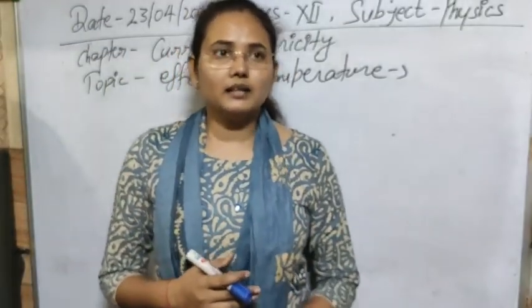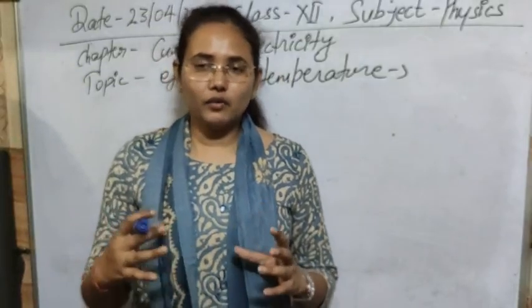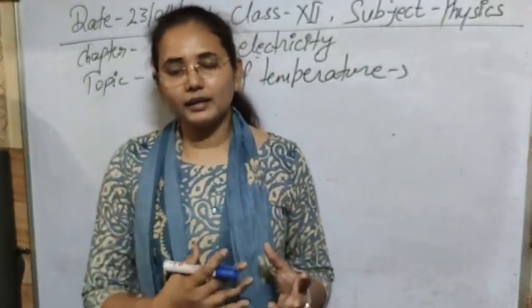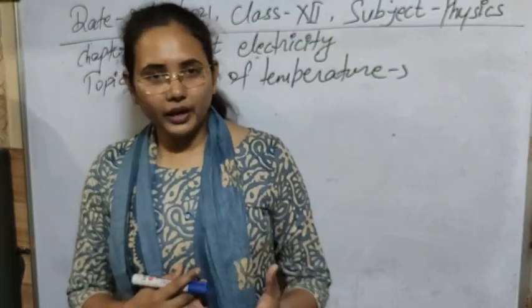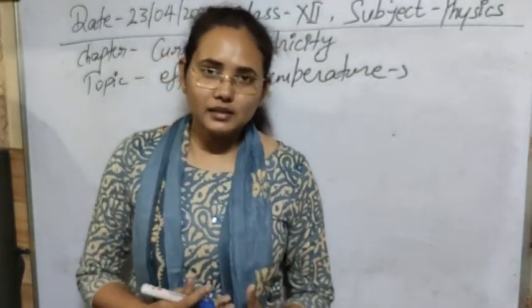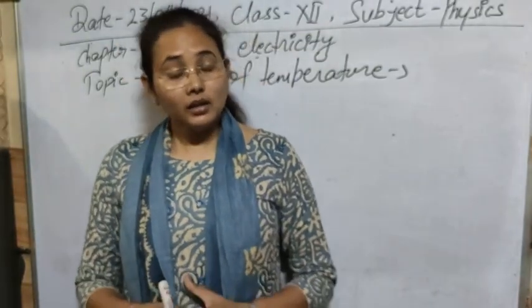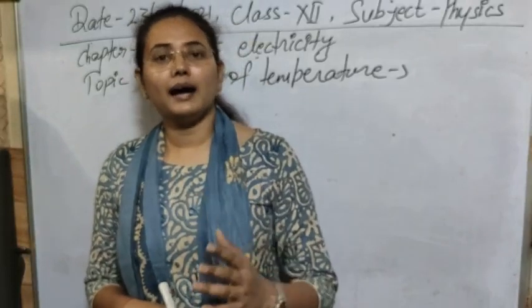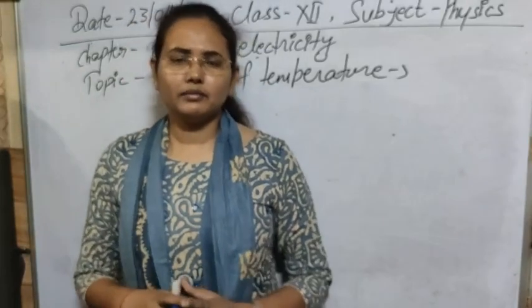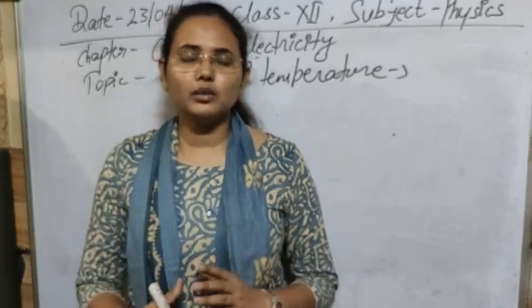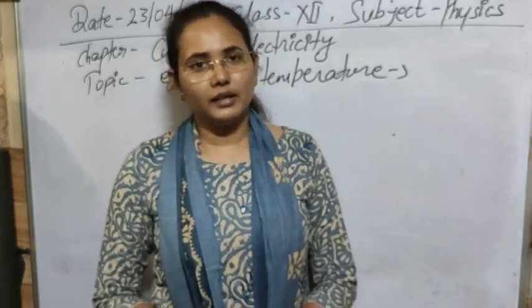So if we make a standard resistor using manganin, Constantan or Eureka, then that resistor will have high resistivity, meaning a high capability to oppose the flow of current.